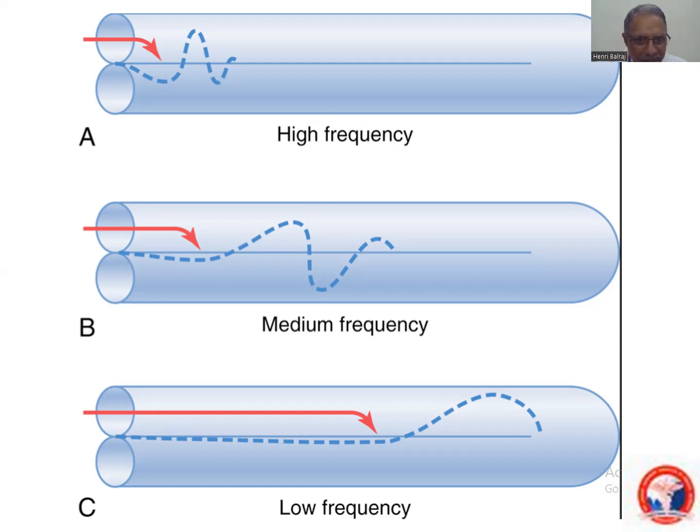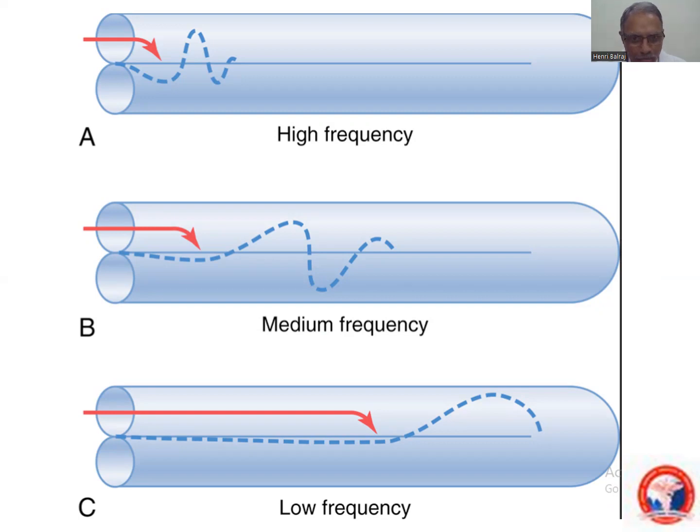Then you have the medium frequency sound, where the displacement of the basilar membrane is in the middle of the cochlea, this is the rolled out cochlea, and the hair cells over here get displaced maximally, and the stereocilia move well.